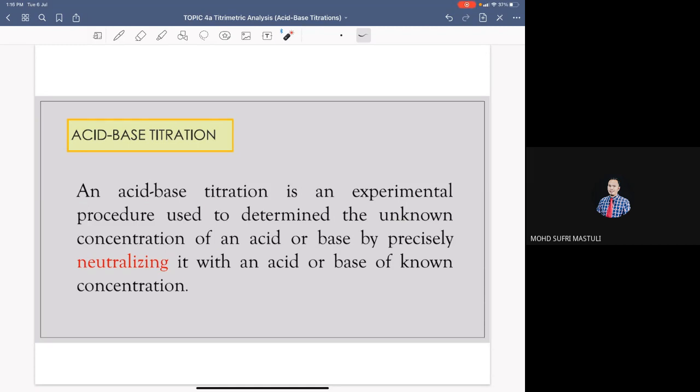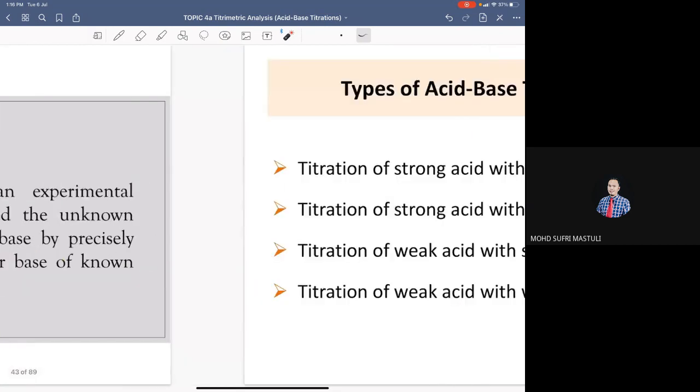In other words, we want to determine the concentration of an unknown acid or base by using the neutralization concept with a known concentration of acid or base.